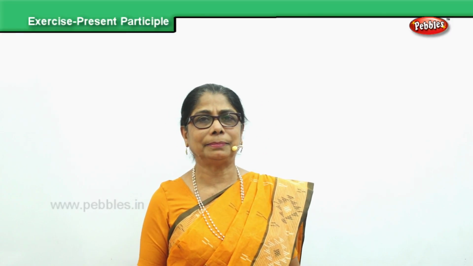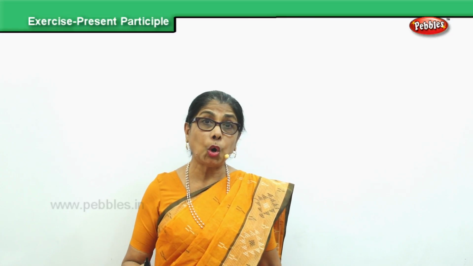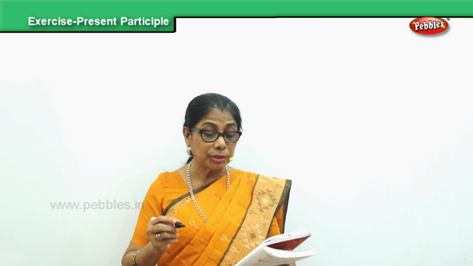So we are going to do an exercise together. Present participle, the verb ends in ing. Remember, the action is going on or incomplete. Complete each of the sentences by adding the suitable infinitive or present participle of the verbs given in brackets.